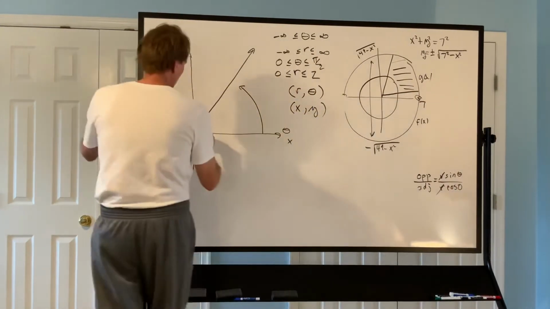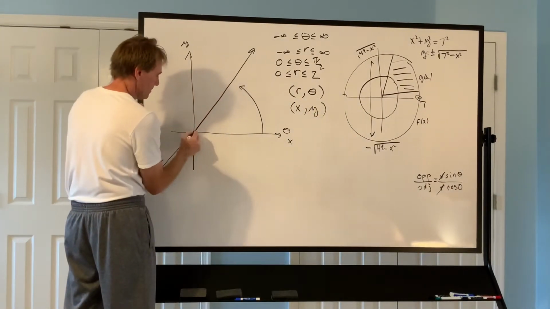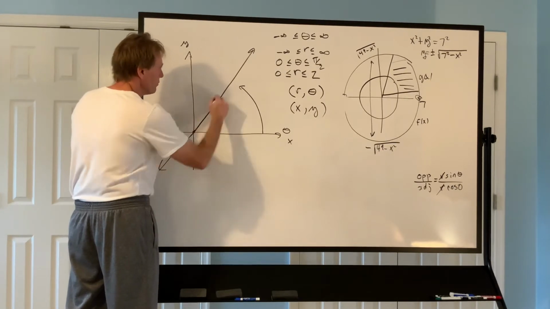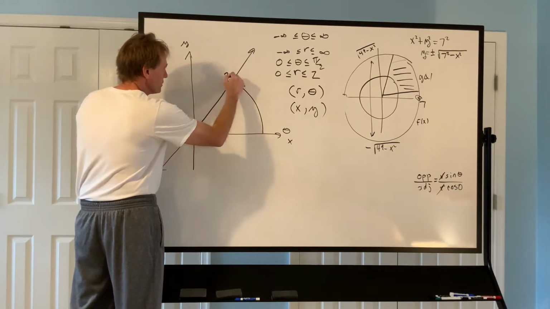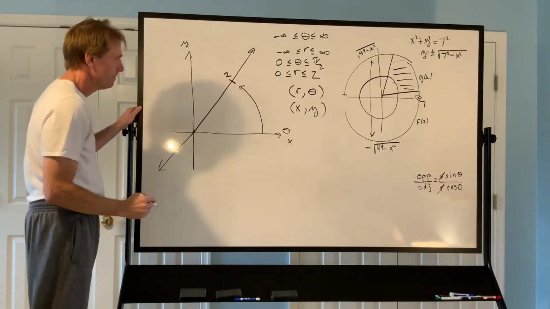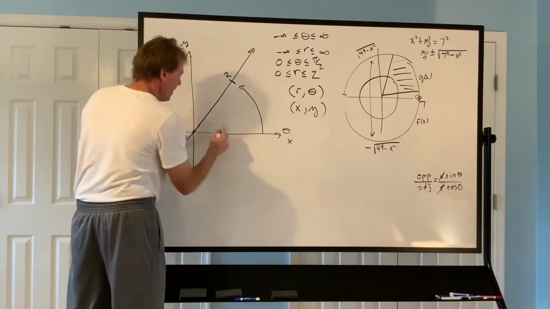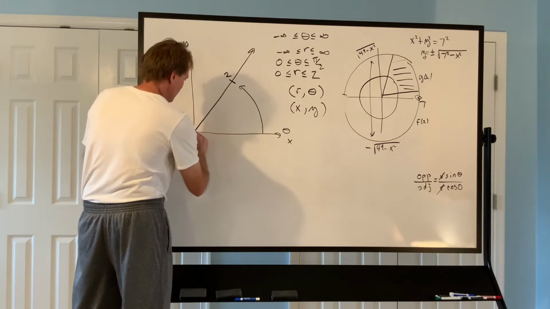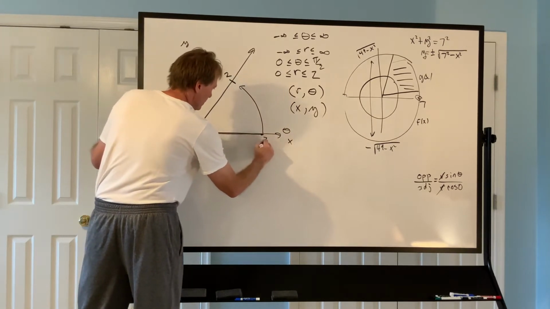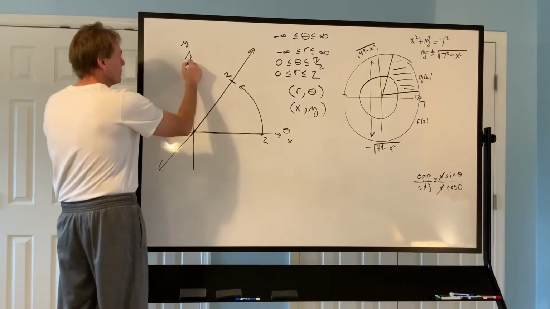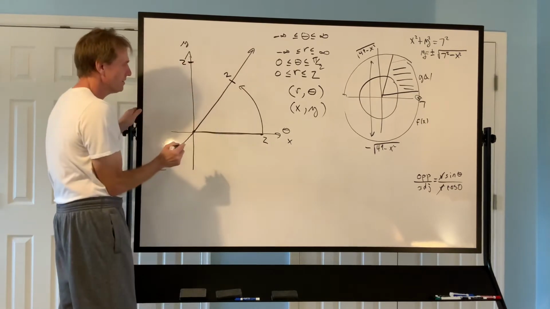Well, if I'm allowing my radius to run between 0 and 2, and we're allowing theta to go between 0 and pi over 2, so this would be like 2.